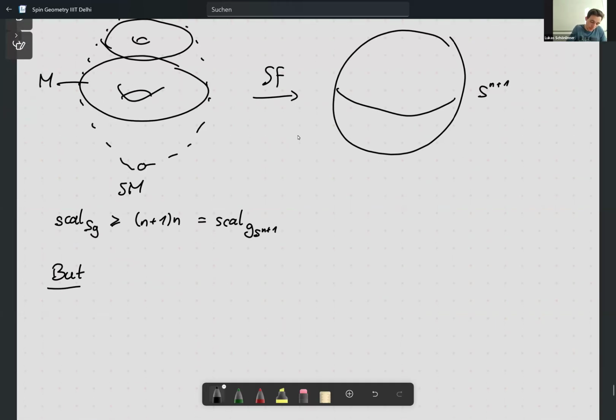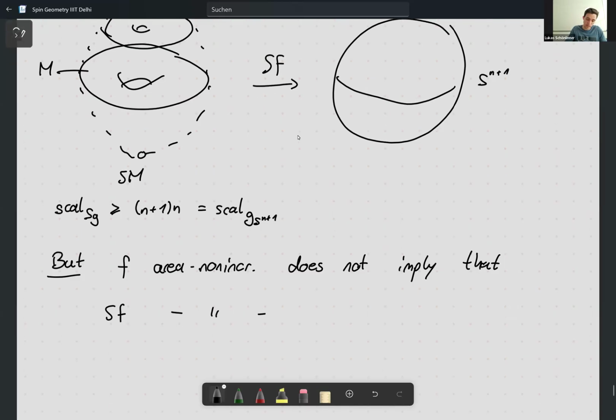with one downside, namely if F is area non-increasing, this does not imply that SF is area non-increasing. Area non-increasing can mean that you stretch in one direction and contract in the other direction, and the area will still be smaller or equal than 1.